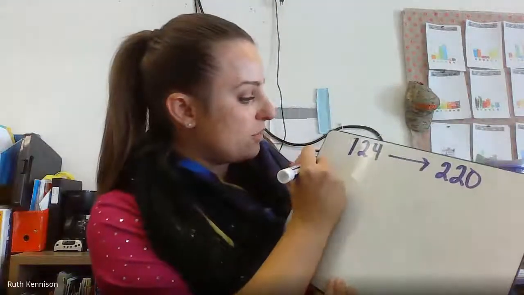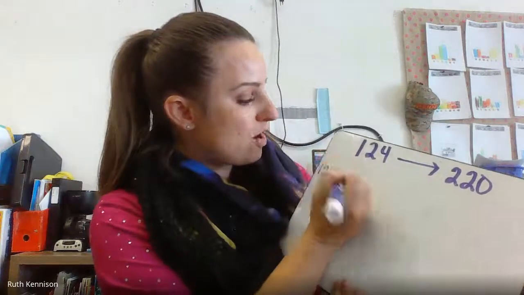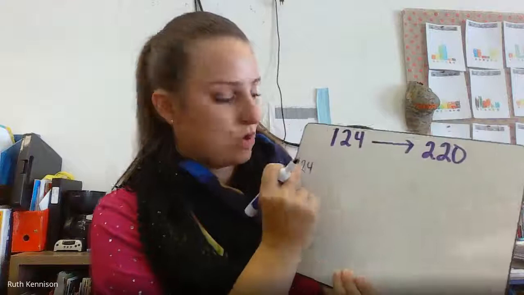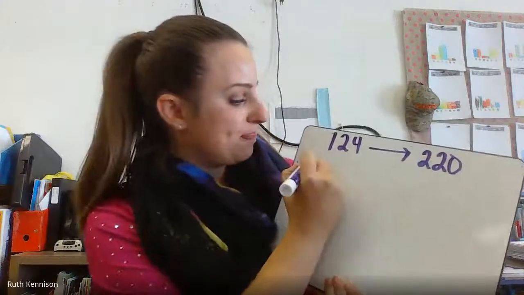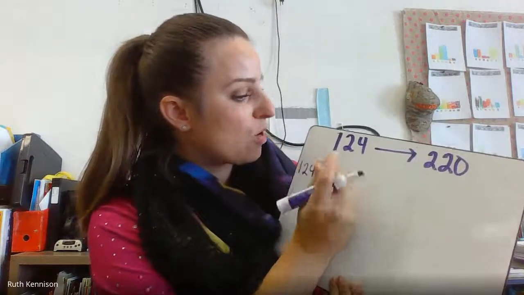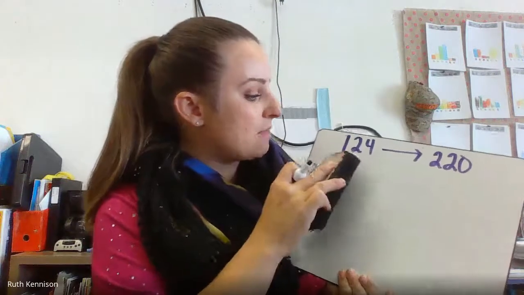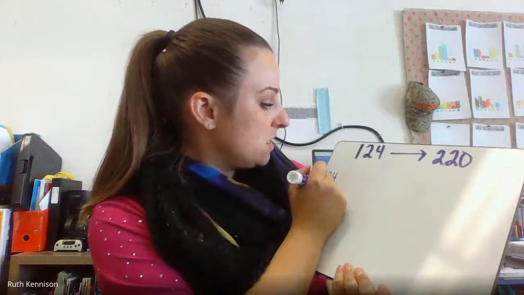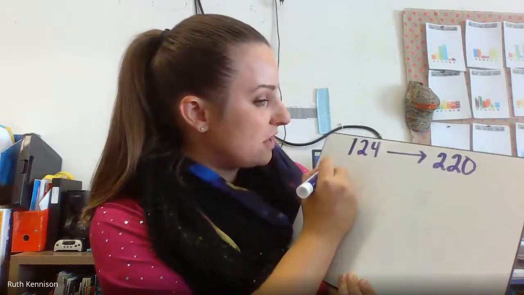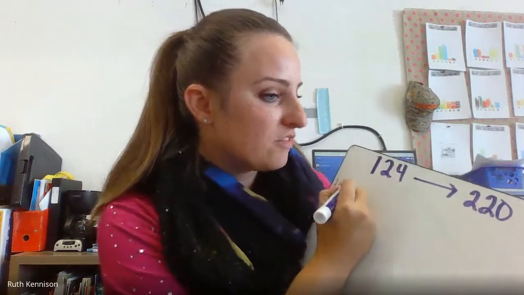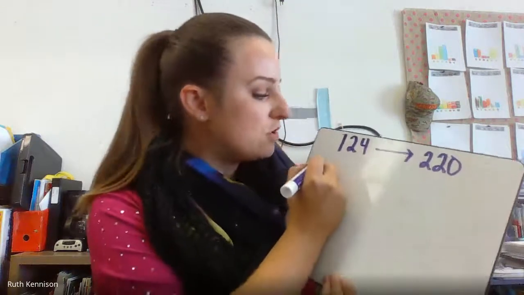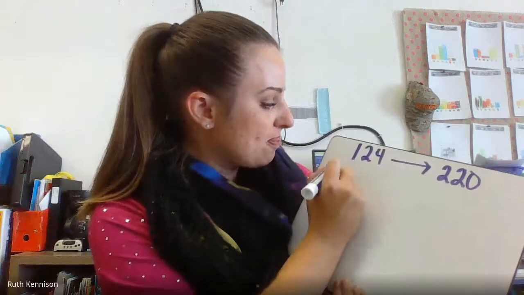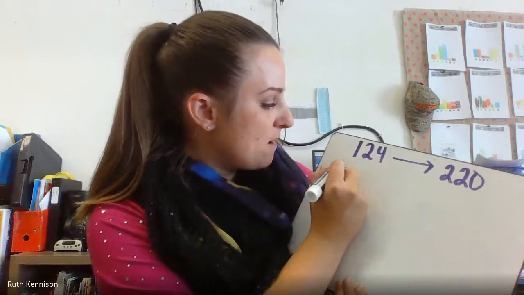So I'm going to start with 124. And you know what? I'm going to count by ones to get to 130. Or maybe actually, to take it back, I'm going to count by tens first and then ones. You could do either way. We'll do ones first. Miss Kennison can't keep her ideas straight here. I'm going to add 1.